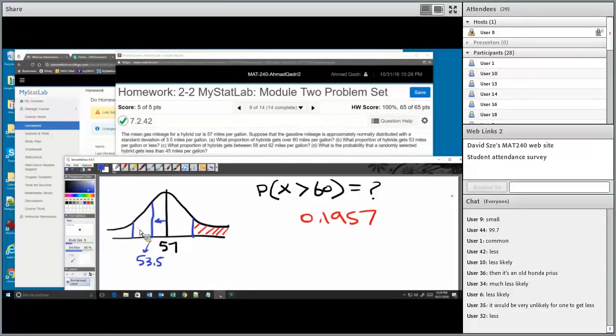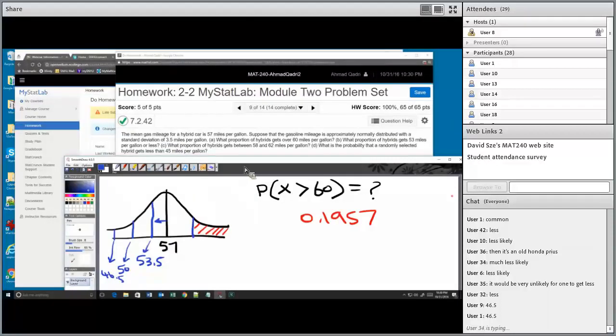Two standard deviations away is 50. And three standard deviations away is 46.5.